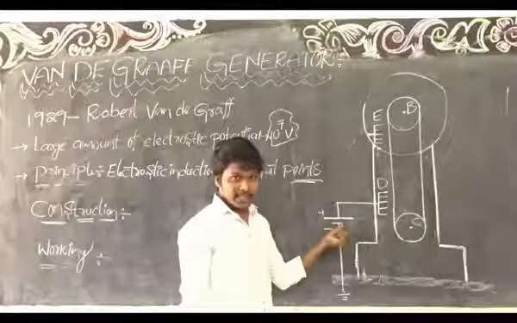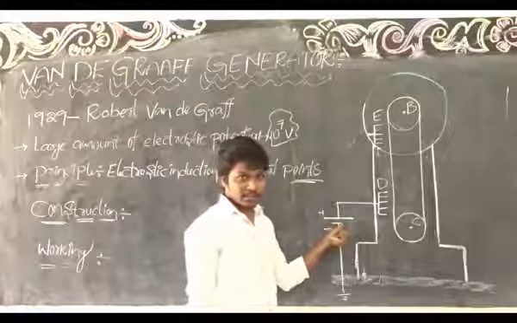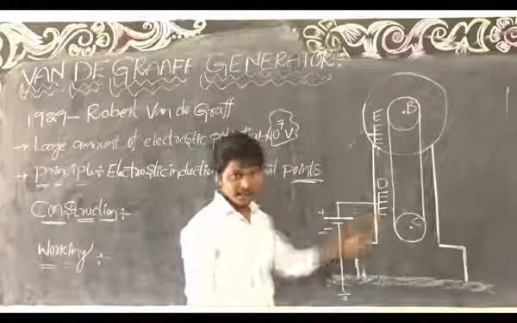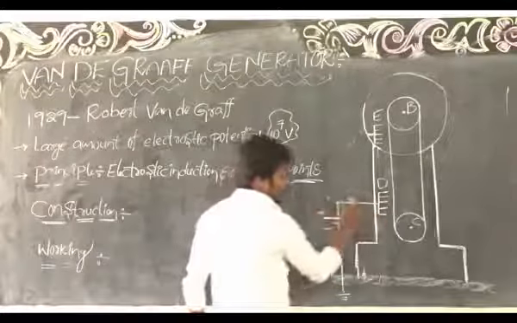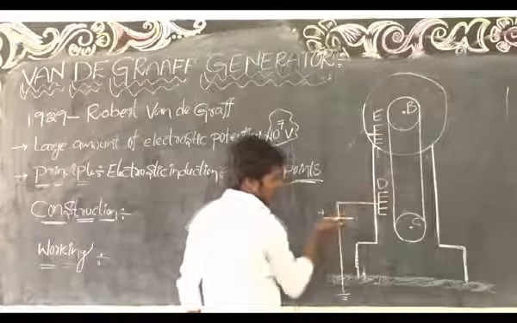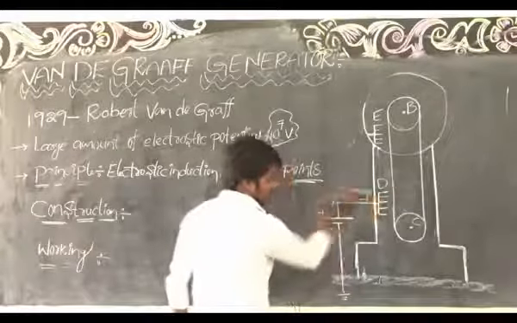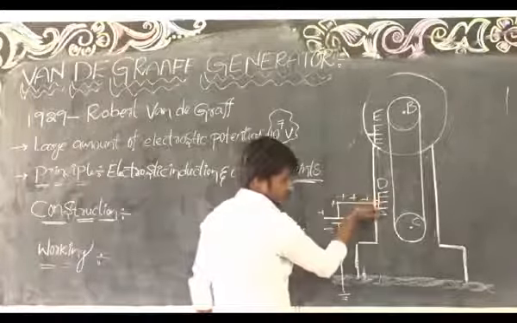So this battery will supply the positive charges to this conductor. This is the positive terminal. It will travel and supply the positive charges to this conductor.